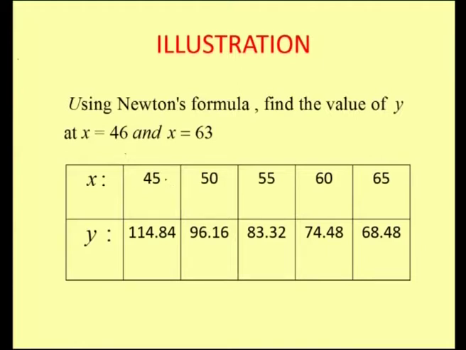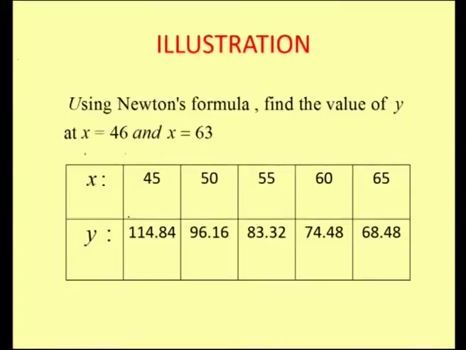So, for finding the y value at x is equal to 46, we use Newton's forward difference formula, and finding the y value at x is equal to 63 is somewhat at the back. Therefore, we have to use Newton's backward difference formula for finding the y value corresponding to x is equal to 63. Okay. So, x values are given and y values are given.